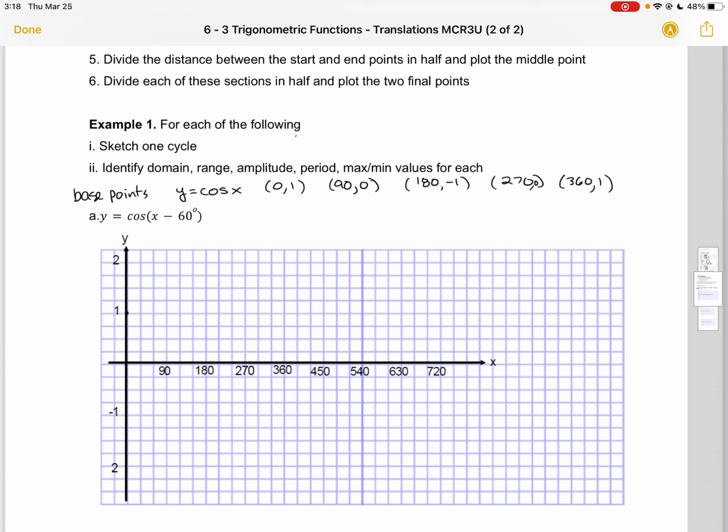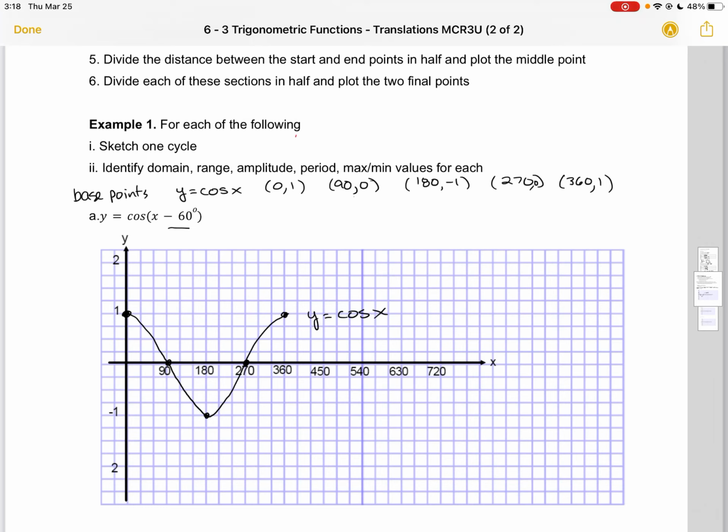So cosine kind of looks like a cup. I'm going to plot those on here now. 90, 0, 180, minus 1, 270, 0, and then 360, positive 1. And I'll connect those dots. Okay, this is my parent function, y equals cos x.